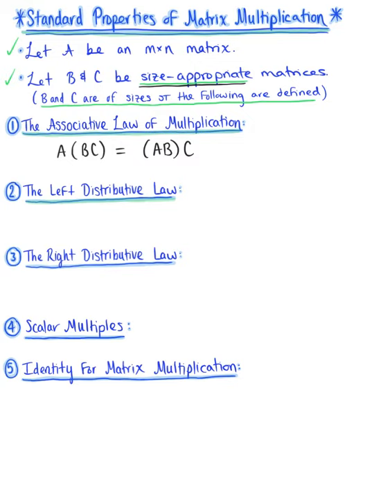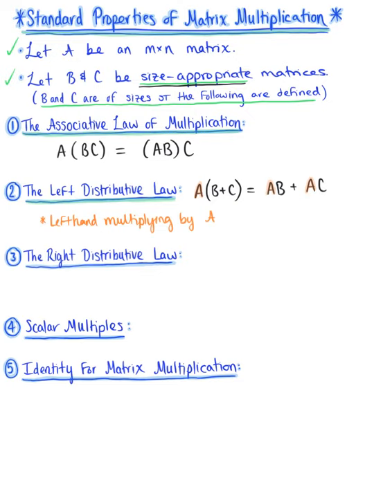So the left-hand distributive law says that if we have a matrix A multiplied by the sum of matrix B with matrix C, that this is equivalent to the product of matrix A with matrix B plus the product of matrix A with matrix C. Now, I want you to note that when we have the matrix on the left-hand side, as we do in this case, here we say that we are left-hand multiplying by matrix A.